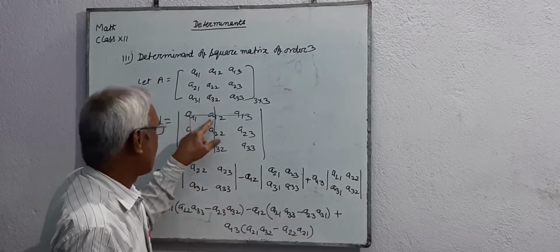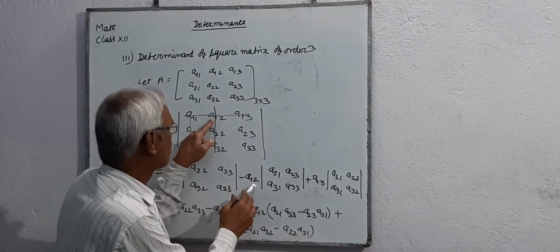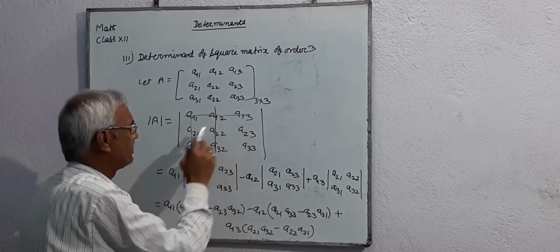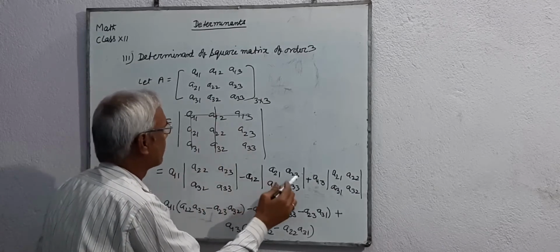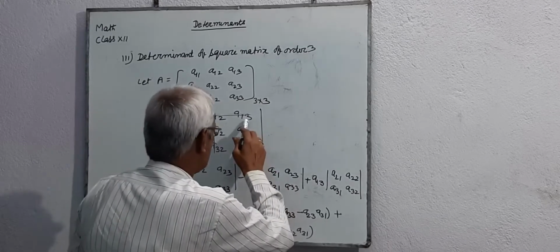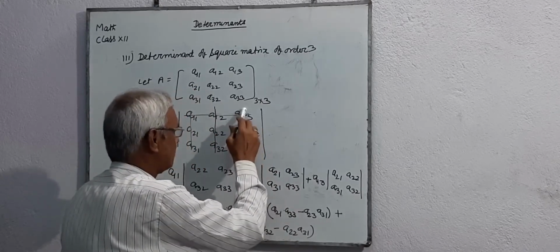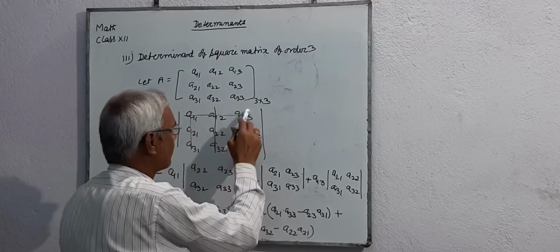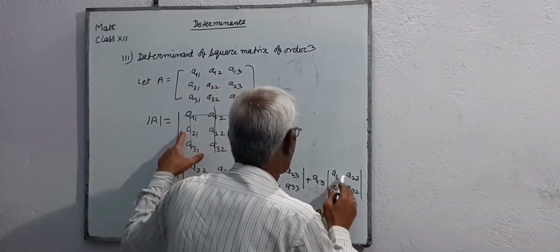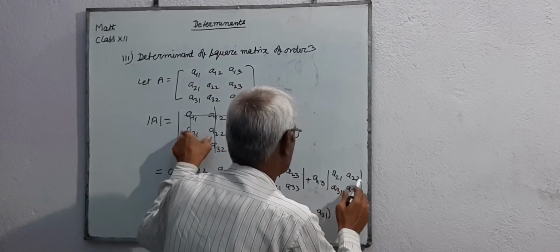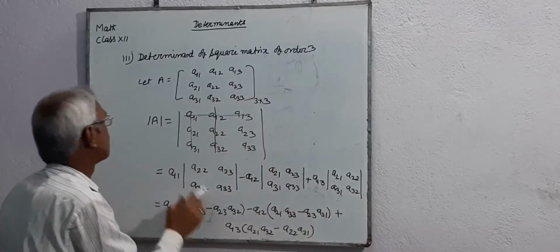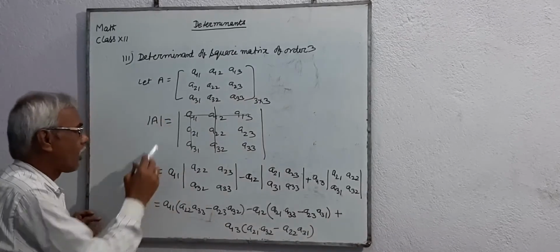Then minus: for the second element, omitting its column, we get A21, A23, A31, A33. For the element in the first row and third column, omitting them, we get the second order determinant A21, A22, A31, A32. This gives the determinant of order 3.